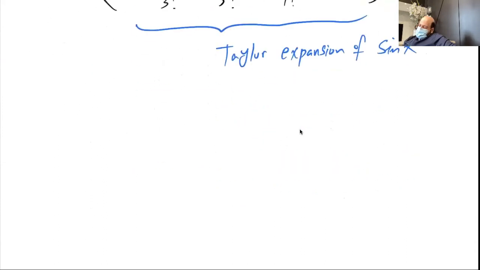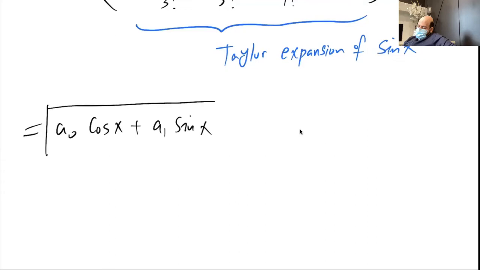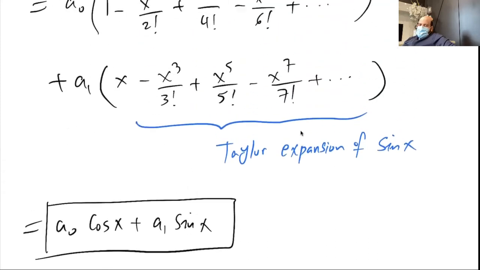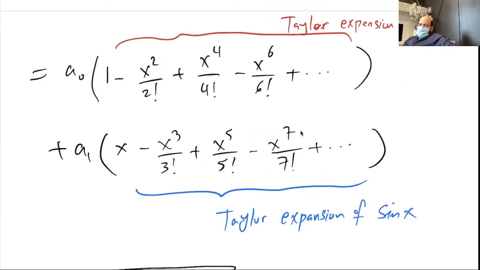So what will be the answer then? The answer will be a0 times cos x plus a1 times sine x, which was the answer that we were expecting before solving the equation.